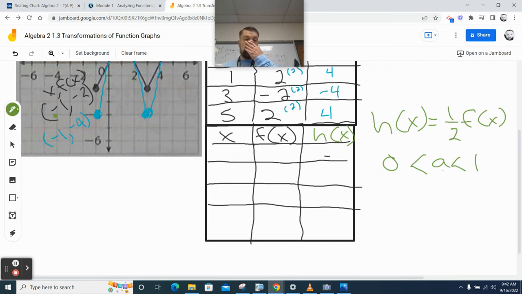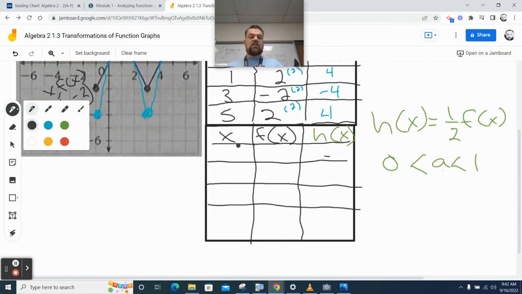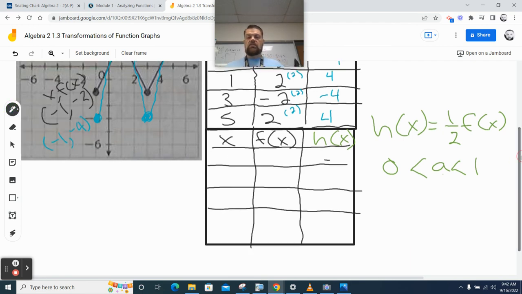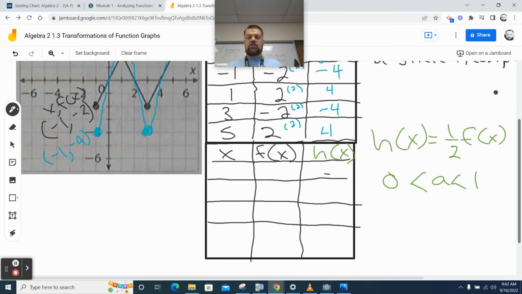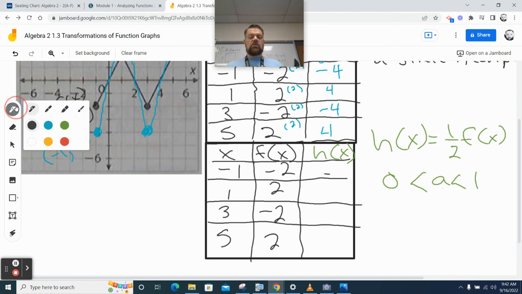Okay. So the x and f of x doesn't change. I've got -1, 1, 3, and 5, -2, 2, -2, and 2. But now what am I doing? Now I'm multiplying by 1/2, which is like dividing by 2, right?